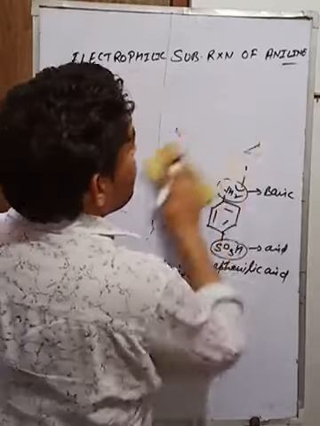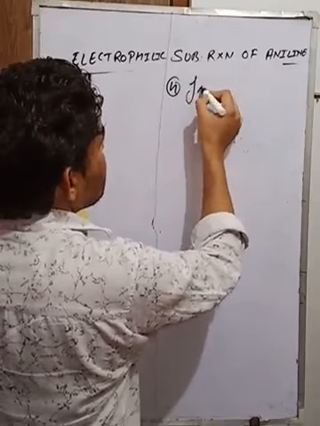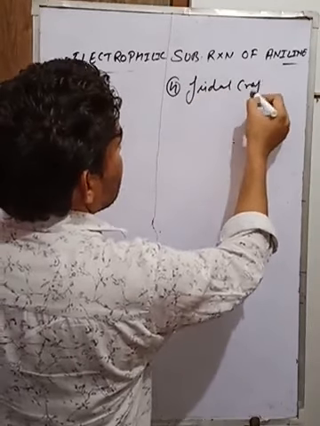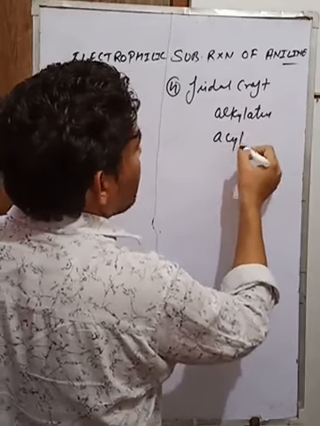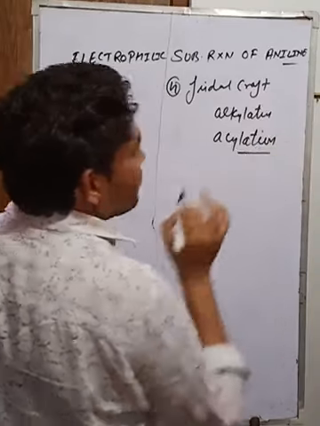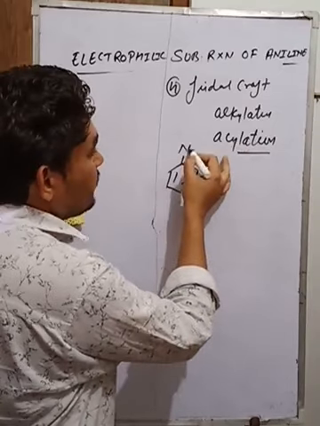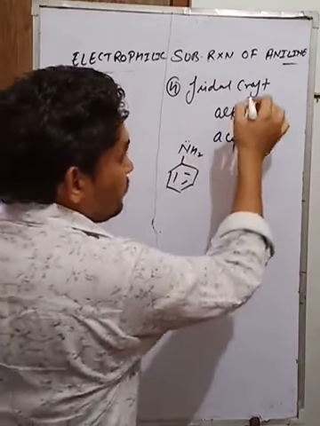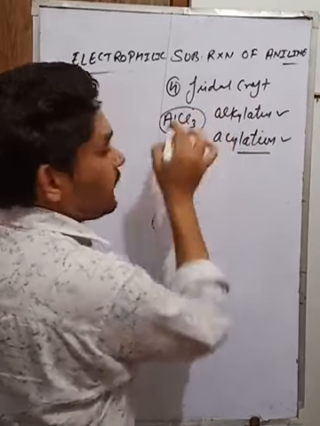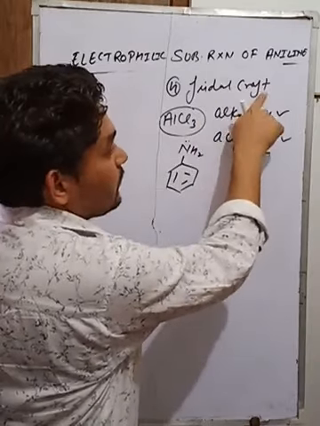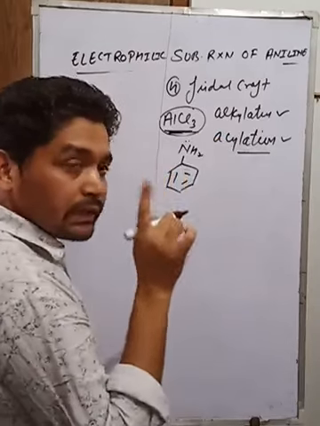Next, number 4, is Friedel-Crafts alkylation or acylation. When aniline undergoes Friedel-Crafts alkylation or acylation, we use aluminum trichloride as a catalyst.